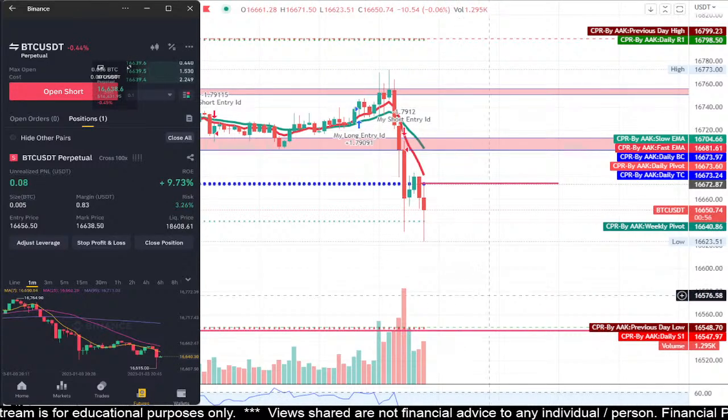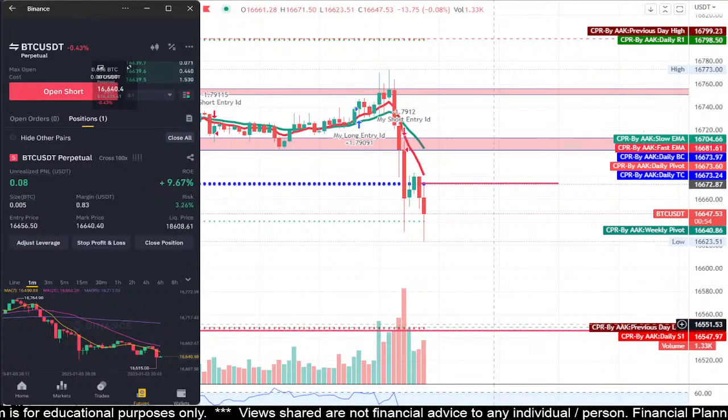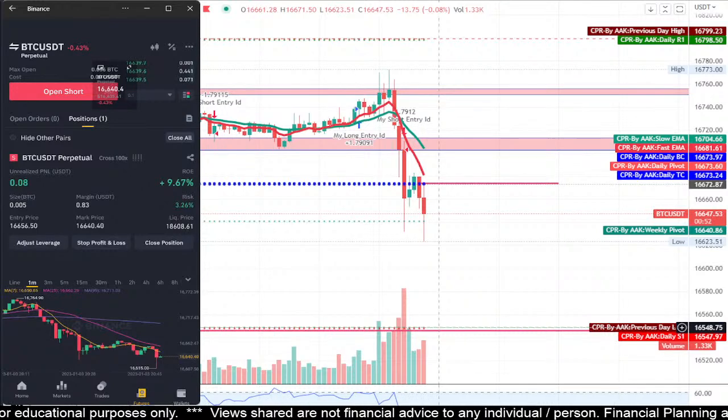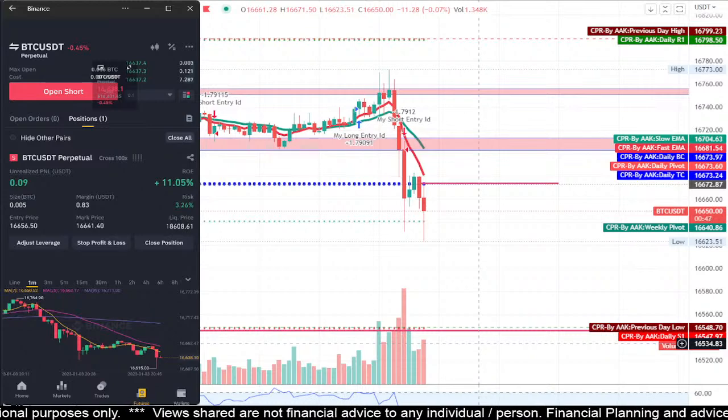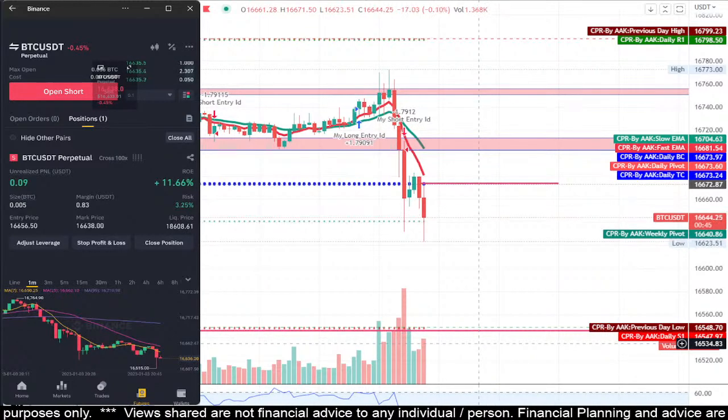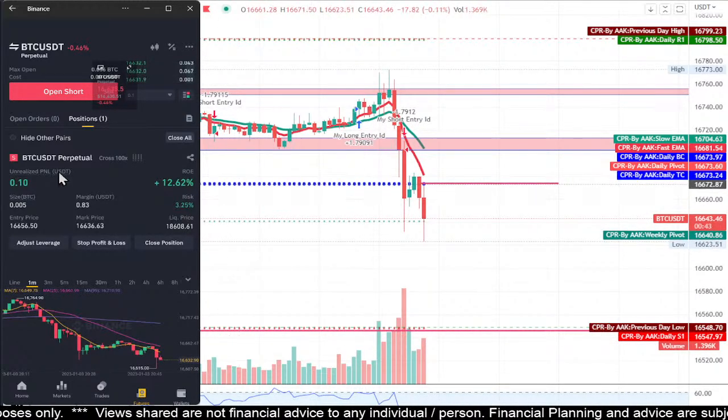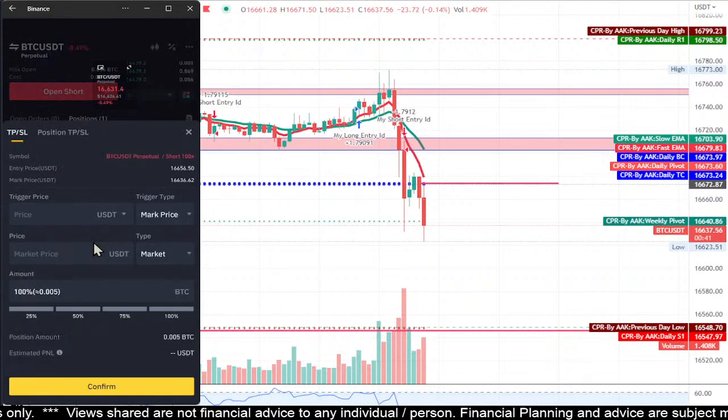I'm looking at this as the target, which is coincidentally the S1 support one as well as the previous day low, which is 548 points. So let's set up a take profit position on the trade.